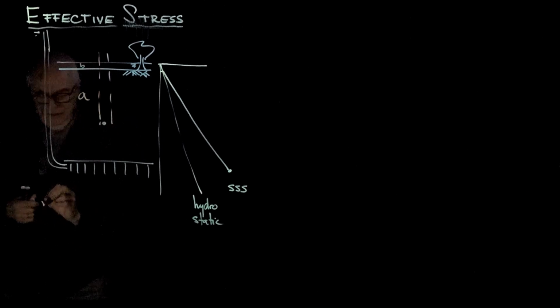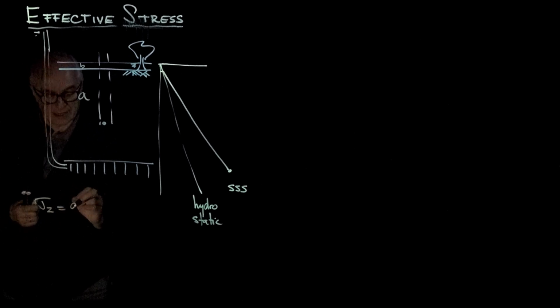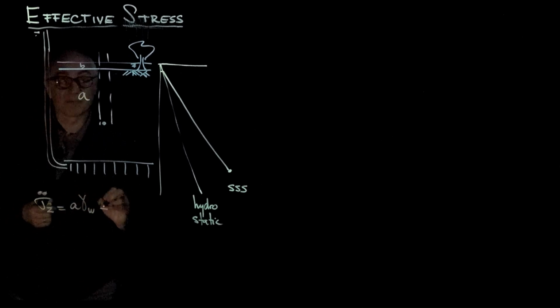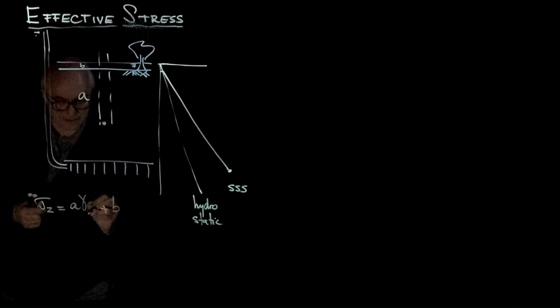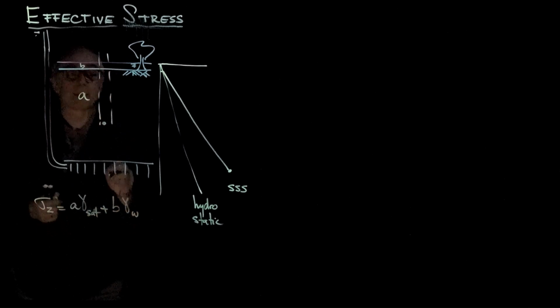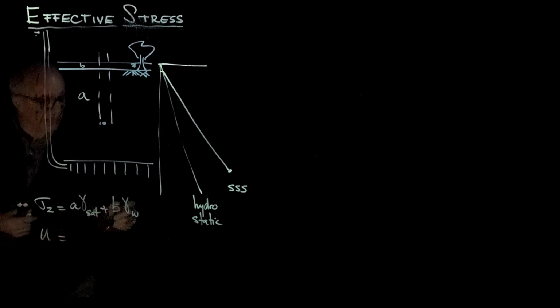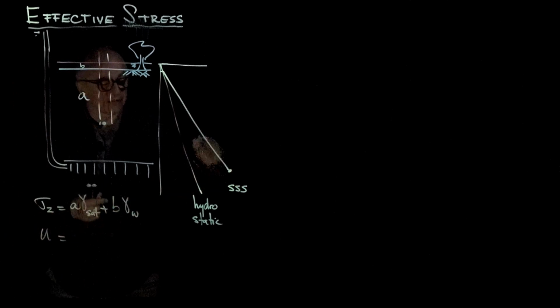And so the total stress is equal to A gamma water plus A gamma saturated plus B gamma water. And then the pore pressure, you will have to solve for this triangle.